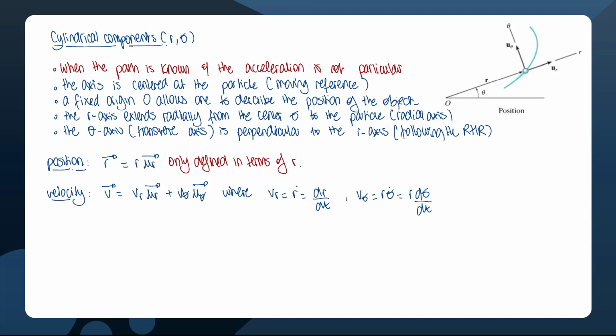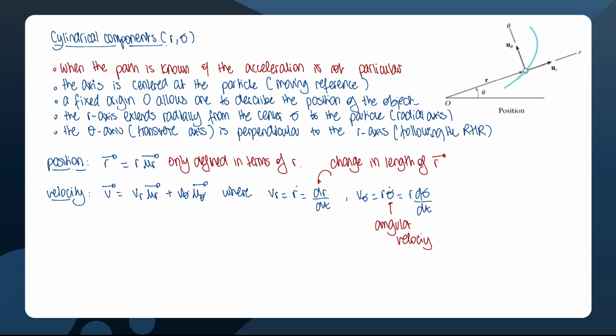Now note that the theta dot value is actually the angular velocity, while the theta double dot represents the angular acceleration. So in order to better understand the difference between these two components, Vr and V theta, one should keep in mind that Vr deals with the change in length of the vector r. So let's say that a particle is moving away from the center O, then Vr would be increasing.